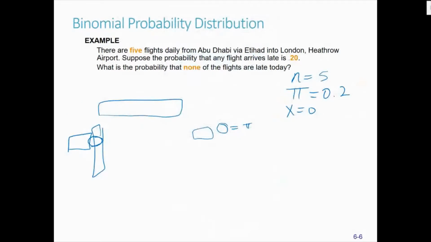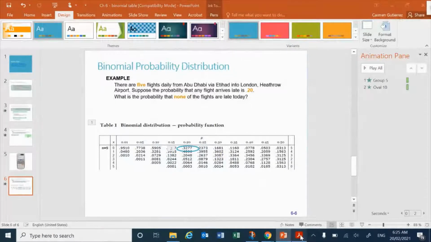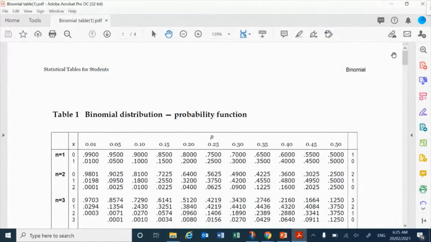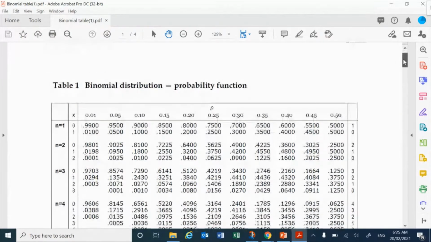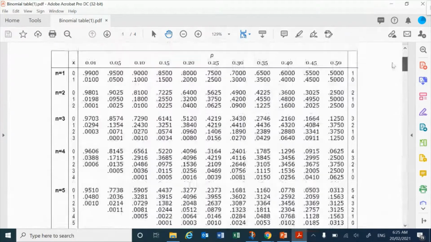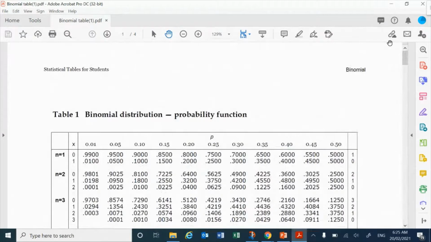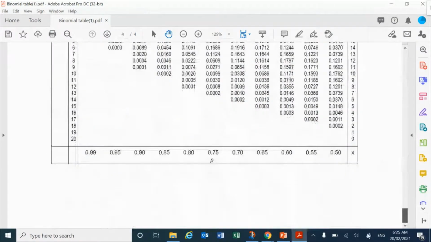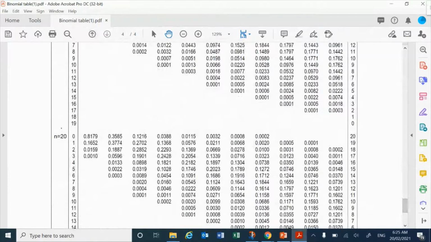Okay, so let me show you the binomial table quickly. I have it open here for you, and here is your binomial table, where we have 4 pages. Okay, 4 pages in the binomial table, and you have n starting from 1 all the way to n equals 20. So when can you not use your binomial table? Well, if in this exercise we give you n more than 20.